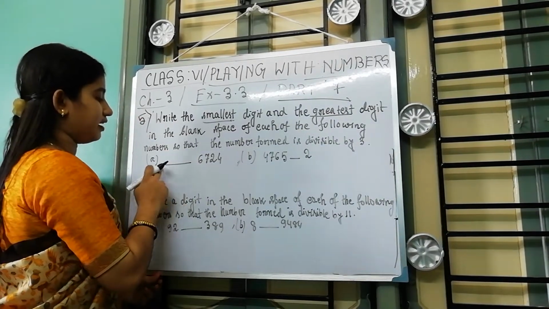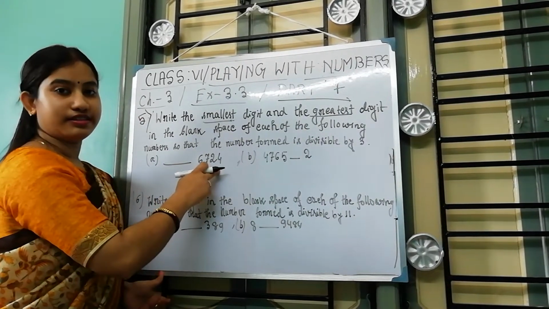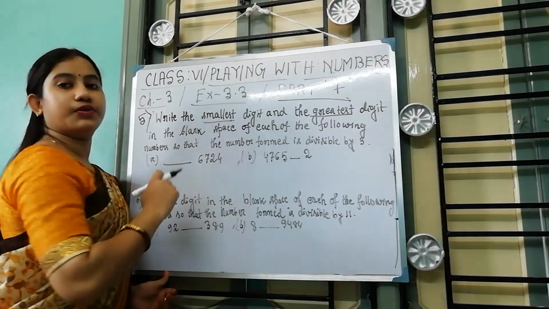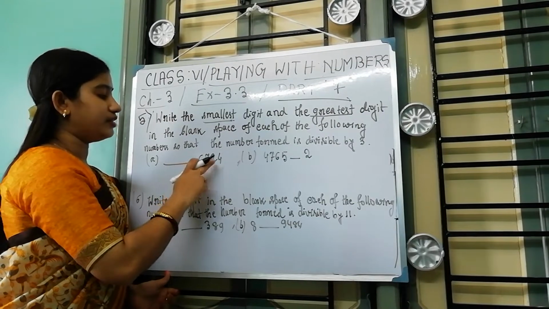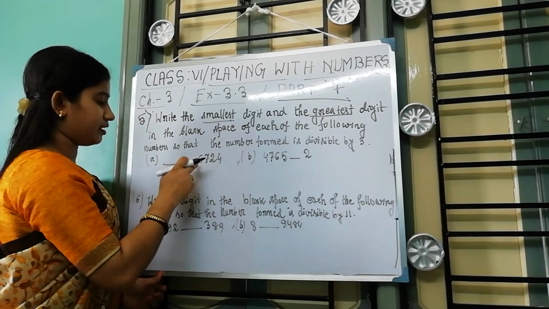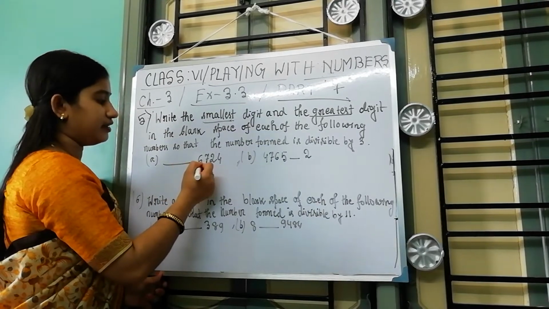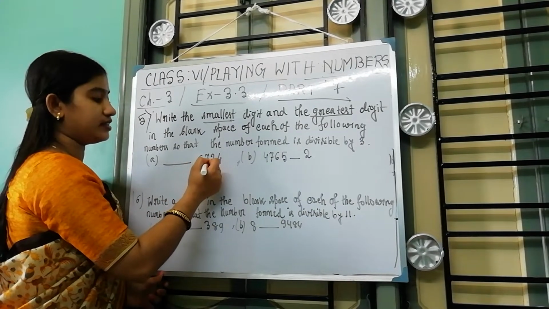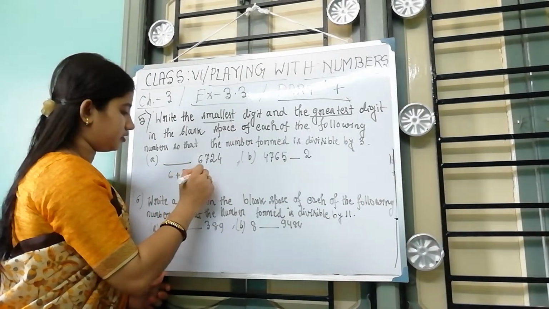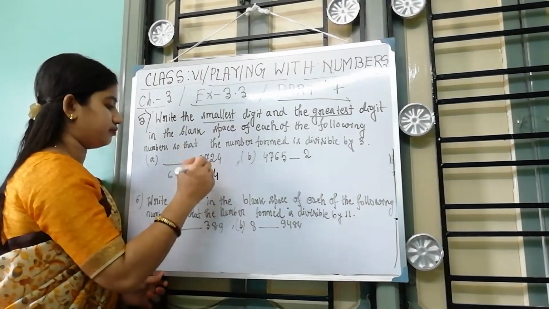At first, find the sum of the digits, because a number is divisible by 3 when the sum of its digits is divisible by 3. So at first we find the sum of digits, and the digits are 7, 6, 7, 2, 4.